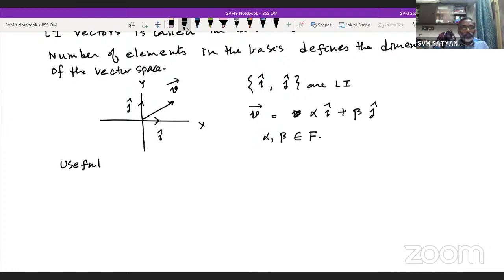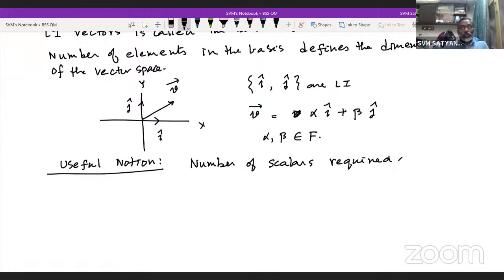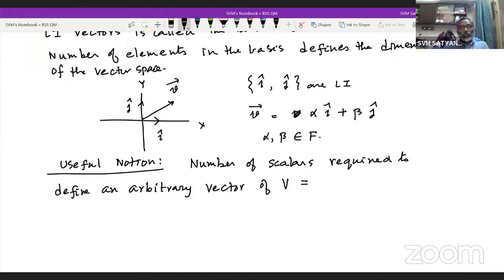The number of scalars required to define an arbitrary vector of V is the dimension of the vector space, dimension of V. For example, here in the plane, if I want to define a vector, how many scalars are required?